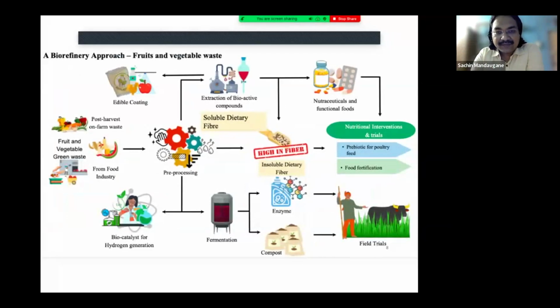Then the dietary fibers, soluble and insoluble. The insoluble dietary fibers, we found, are excellent prebiotics for poultry feed. Then the end of life, as we call it, goes into compost or into animal feed.